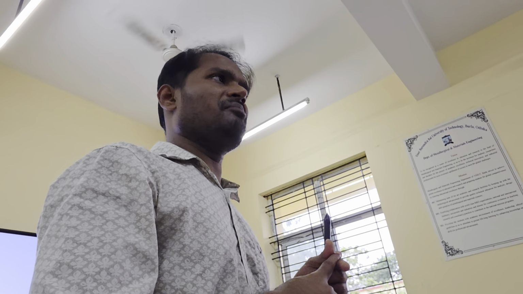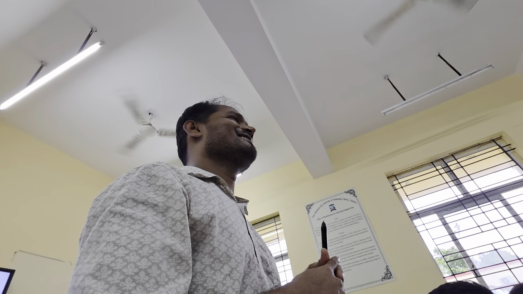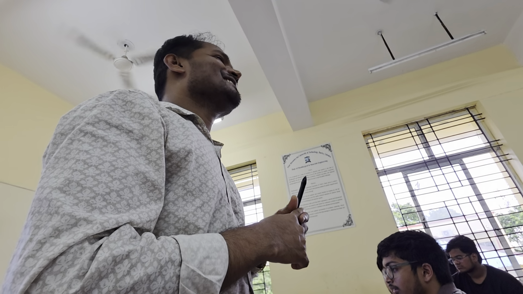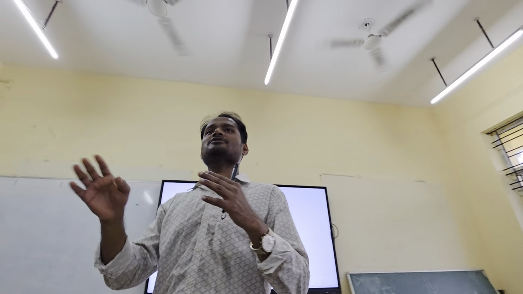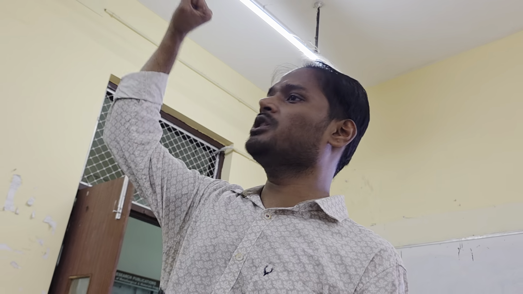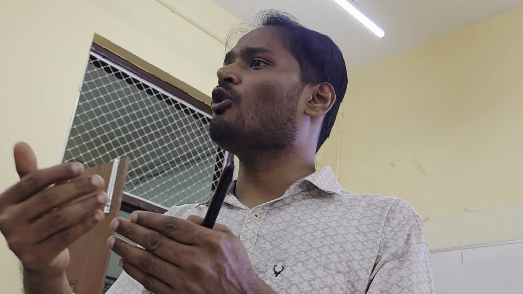Anyway, just forget about that. Just remember, with a particular velocity it will pull the material, and that is called cross-head velocity. Some people call it cross-head speed also. Both are fine.